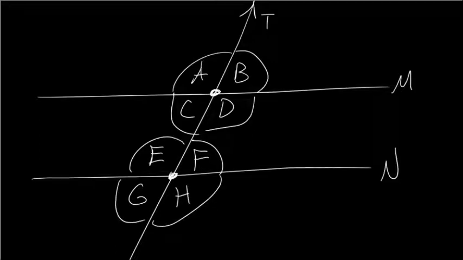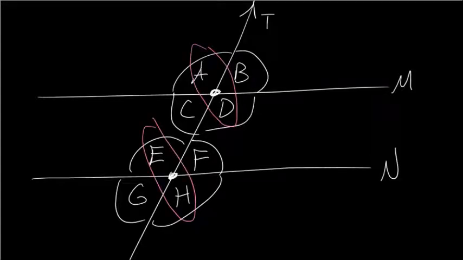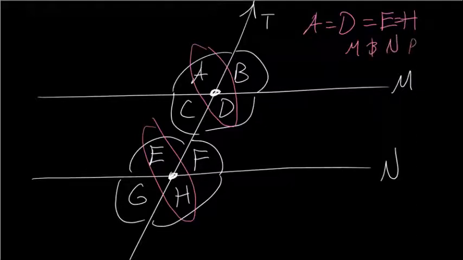Okay, so if A equals D and E equals H, so they're all the same measure, then we would say M and N are parallel.